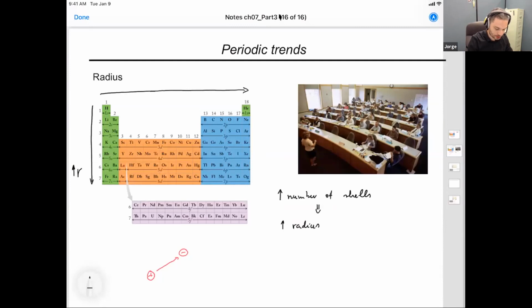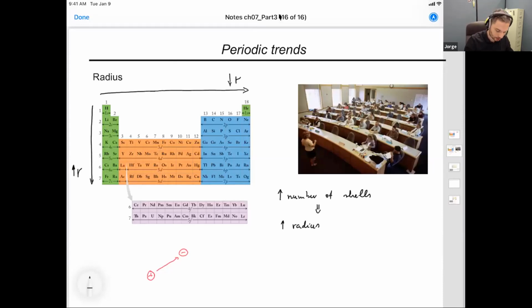What would happen with the radius when we have a higher charge and electrons being placed in the same shell? When we have this situation, we are going to have more positive charges, therefore more attraction, which results in a decrease in the radius. So therefore, moving from left to right, that will decrease the radius, and vice versa.